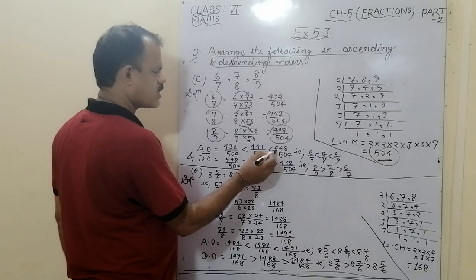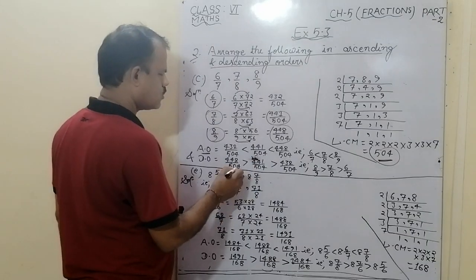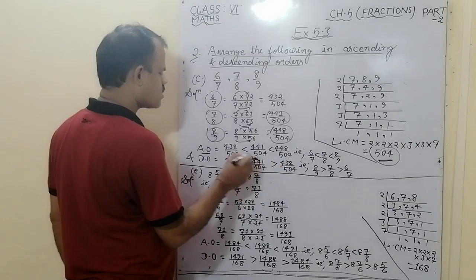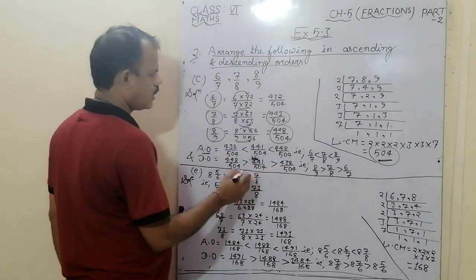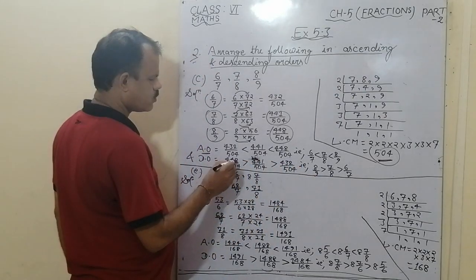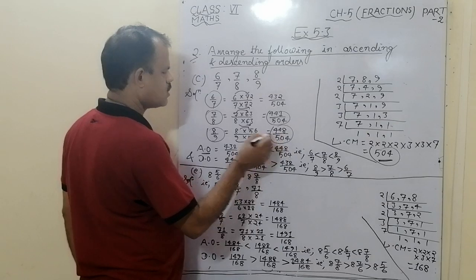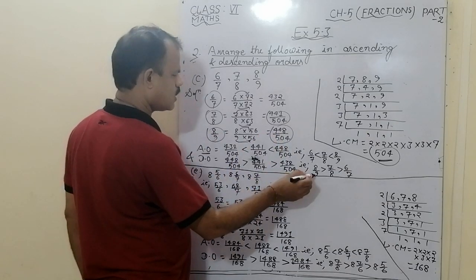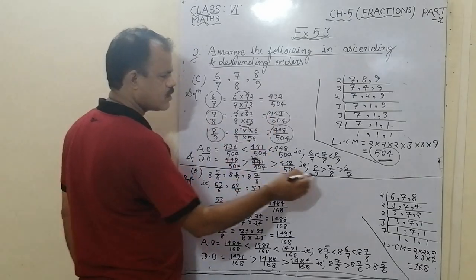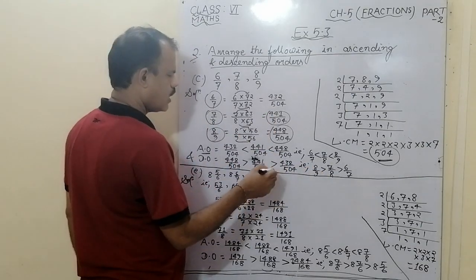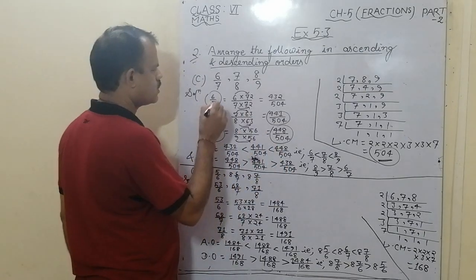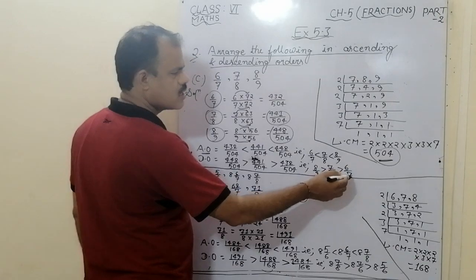So the greatest fraction is 448 by 504, then 441 by 504, and last 432 by 504, and we put the equivalent fraction like 448 by 504 represents 8 by 9. So we write here 8 by 9. This 441 by 504 represents 7 by 8. So we write here 7 by 8. And last, 432 by 504 represents 6 by 7. So we write 6 by 7.